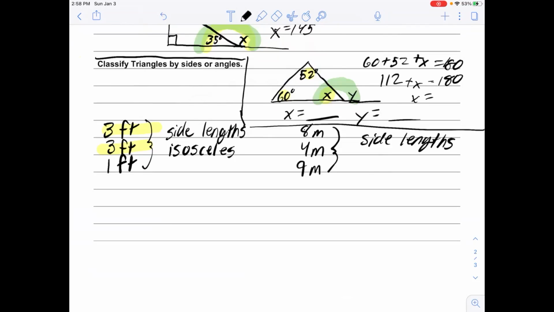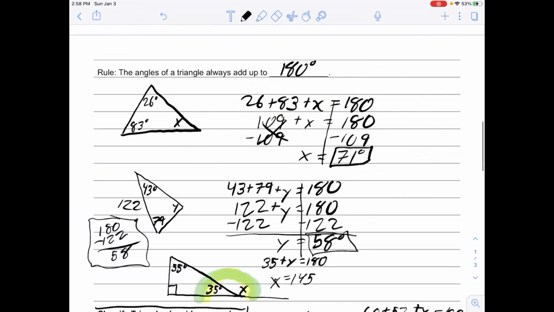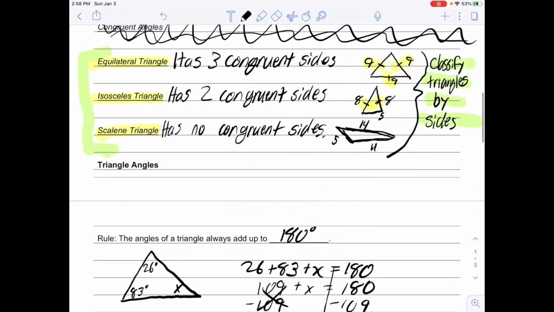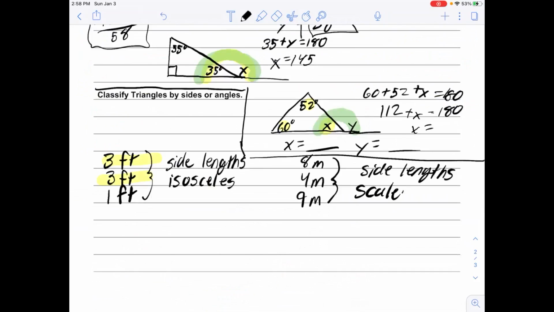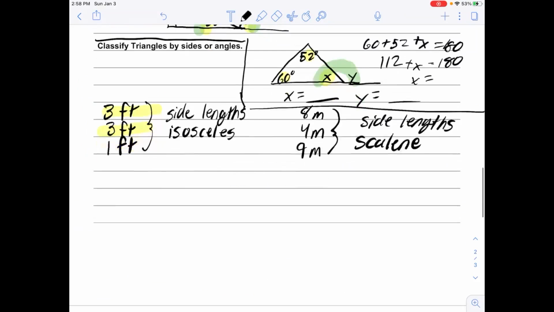Okay? 8, 4, and 9. Those are all different. So looking up here, the one that's all different is scalene. That means this is a scalene triangle. So that is classifying by side lengths.